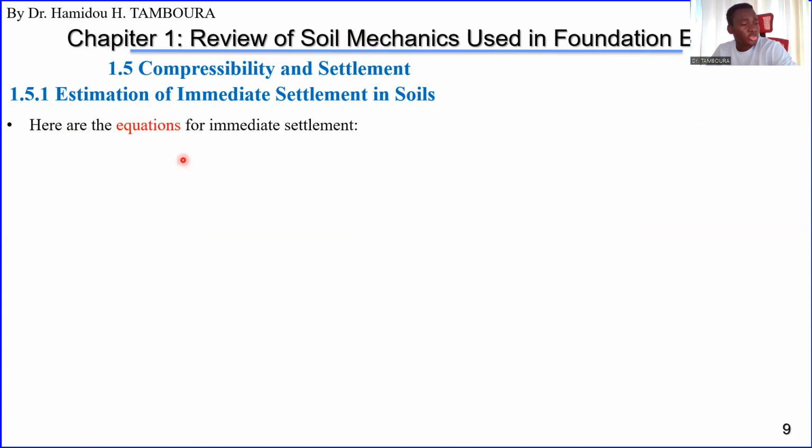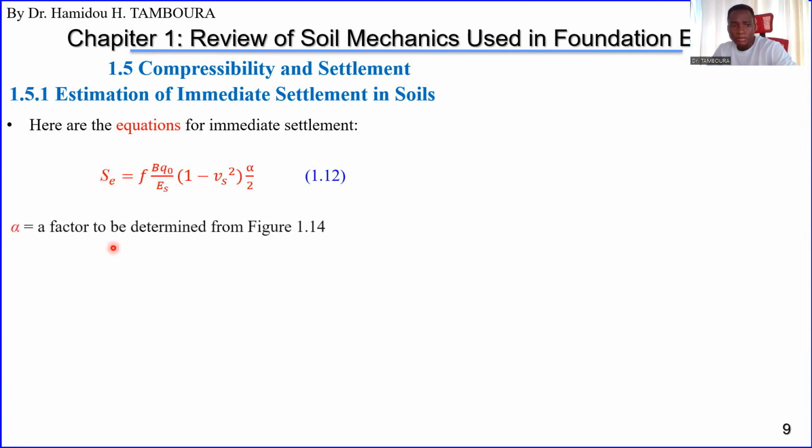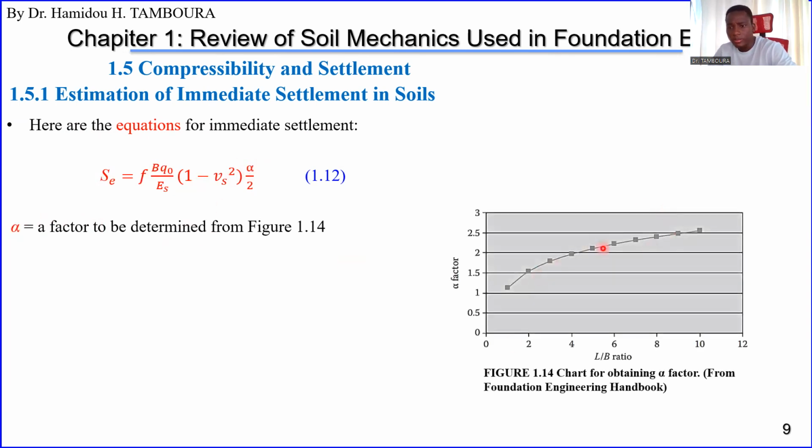So the equations for this are based on elastic behavior, even though the behavior is not really elastic. Here is the equation. SE is settlement. This alpha is the factor determined in this figure.